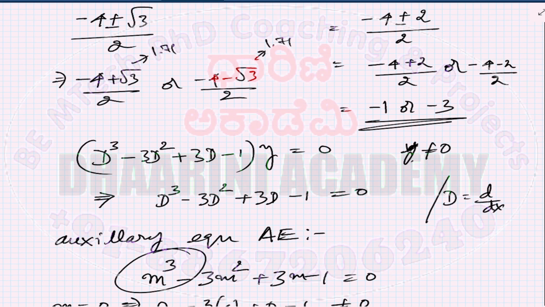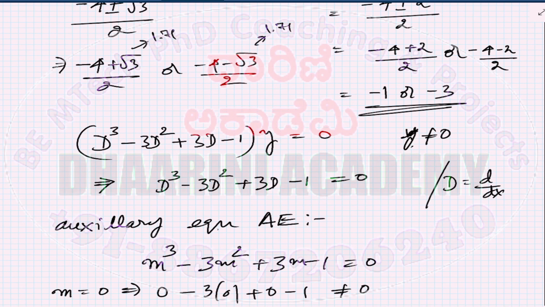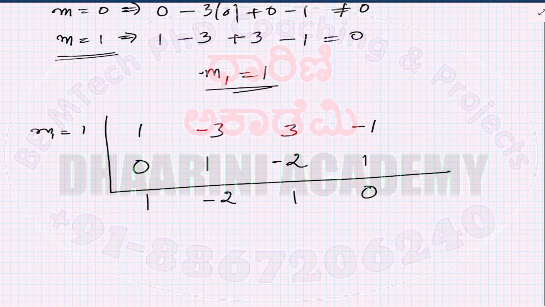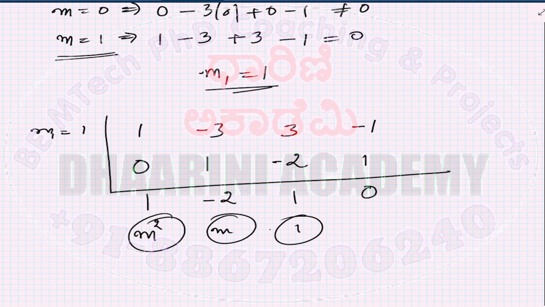In the sense, I am supposed to get a second order equation. A second order equation you obtain by using this m square, m and m power 0, that is 1. In decreasing order: m square, m power 1, m power 0. So club them together, multiply and equate it to 0.